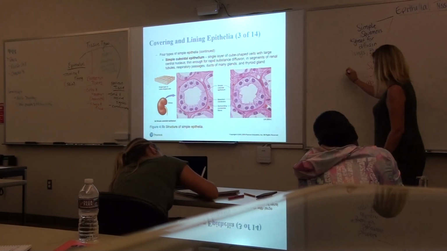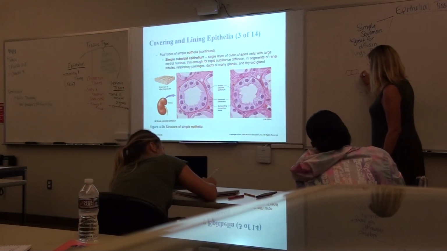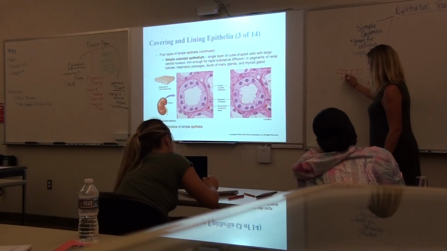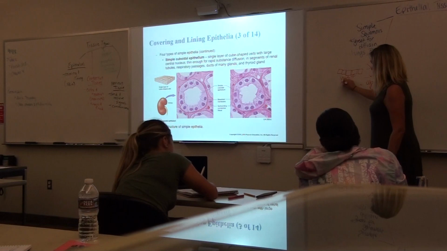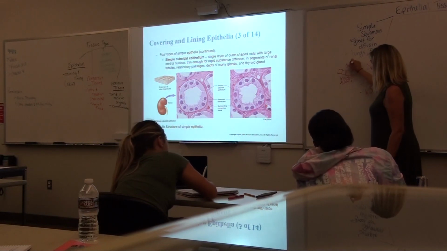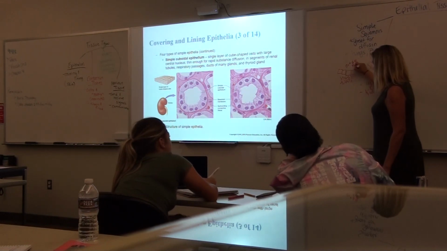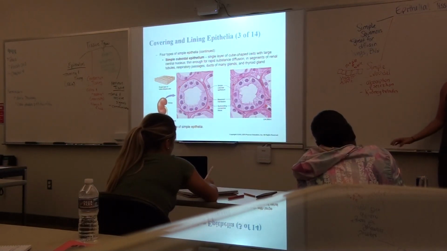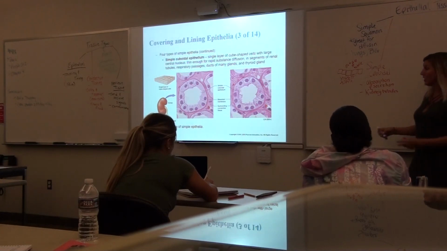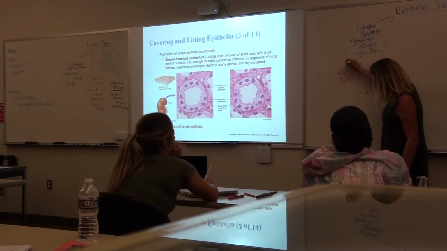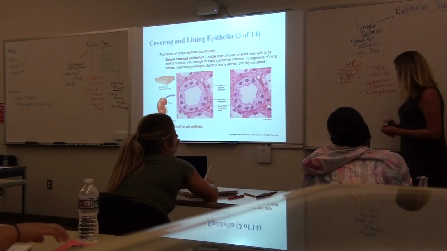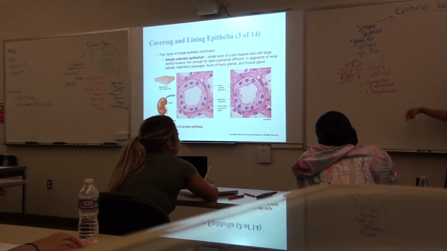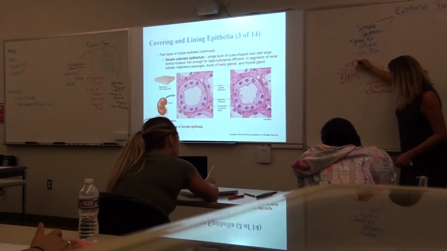If this is our kidney, our simple cuboidal kidney cells, and this is the inside of the tubule, and this is the outside of a tubule, what's absorption? Yeah, bringing in, right? Absorption is bringing stuff in to the tubule, and then secretion is going to be what? The opposite, getting stuff out of the tubule.